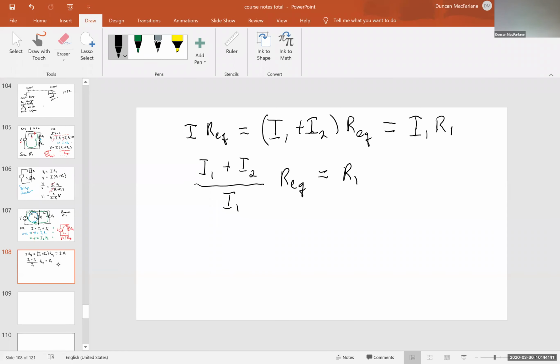So I've got resistance equal to resistance. I have 1 plus I2 over I1 times R equivalent is equal to R1.